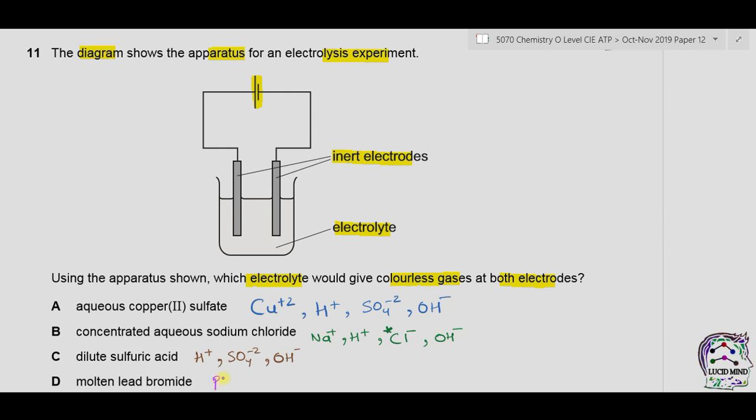In molten only the ions of the compound are present. So we have lead ions and bromide ions. You should remember the discharge series of cations and anions. For cations we have potassium, sodium, calcium, magnesium, zinc, iron, lead, H+, copper, and silver.